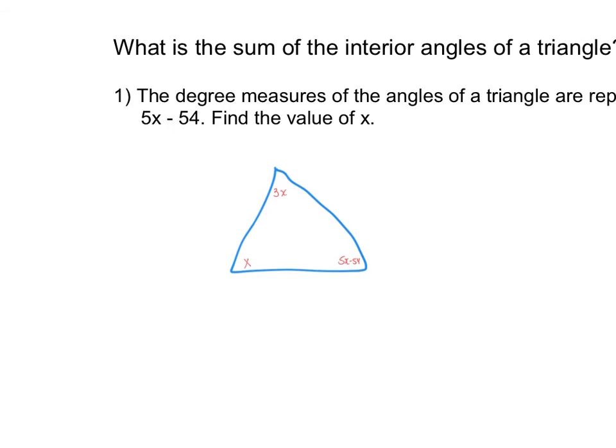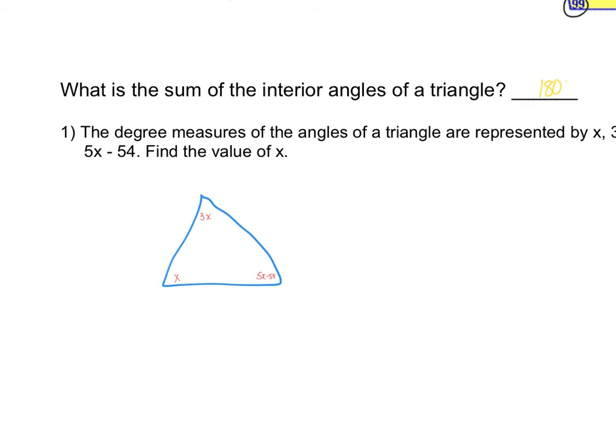We can add them up and set them equal to 180, because we know that the measures of the angles will add up to 180 degrees. So we take our x, our 3x, and our 5x minus 54, add them together and set them equal to 180.